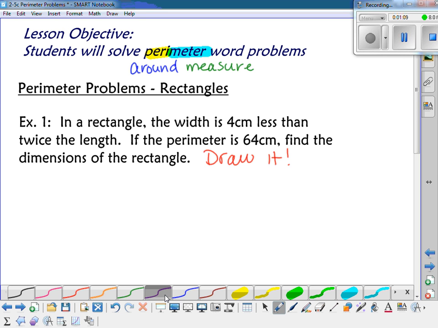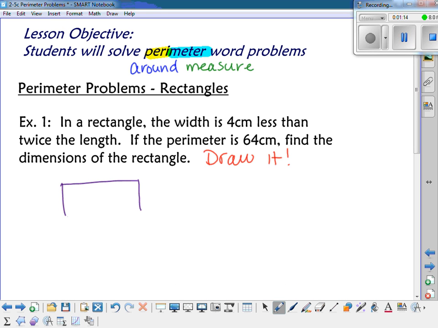So the width, let's draw it here. We've got 2 lengths and 2 widths, right? And it says the width is, so W equals 4 centimeters less. So 4 centimeters less tells me we're doing what? We're subtracting. Am I starting with the 4 and subtracting from it?